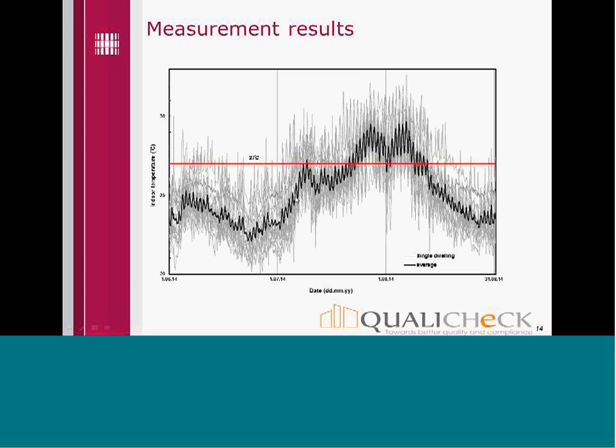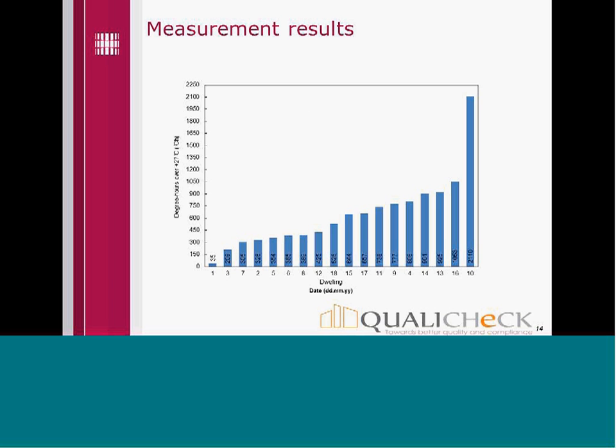This black bold curve shows some sort of average value of all measured apartments, and we can see the excess over the 27 limit, let's say during 1 month almost continuously. One reason is this hot summer, and most likely another reason is that the solar protection measures and passive measures applied were not enough.